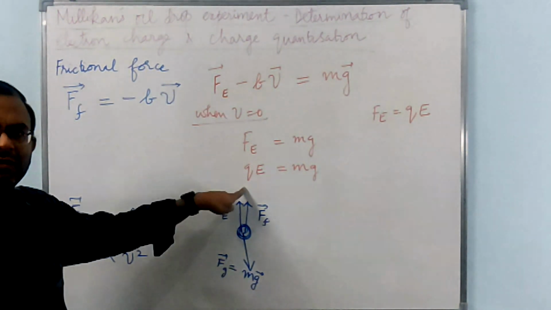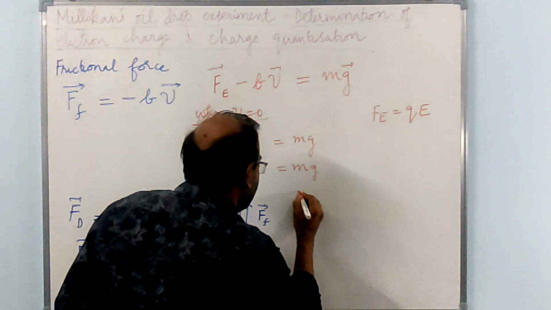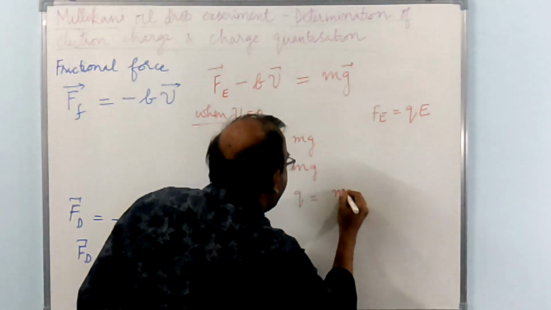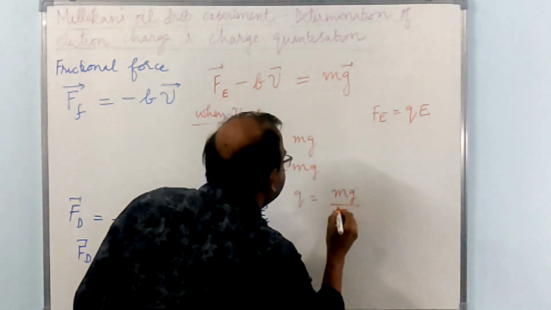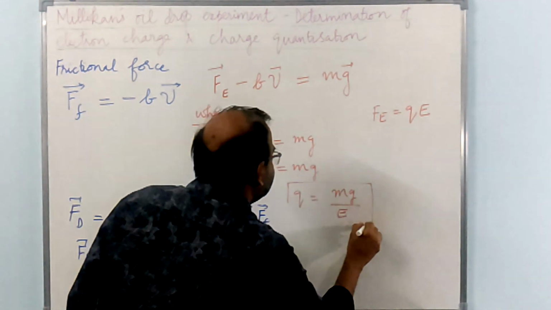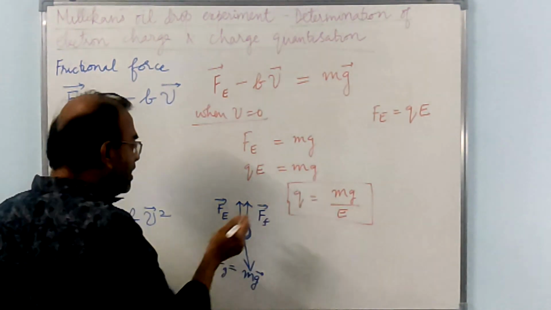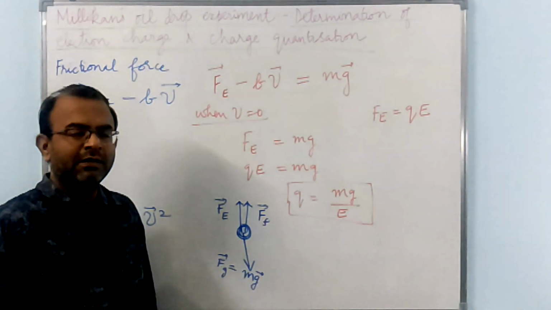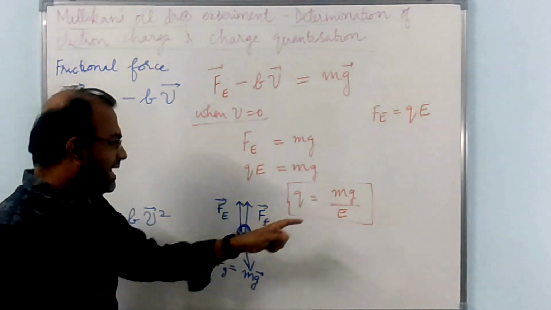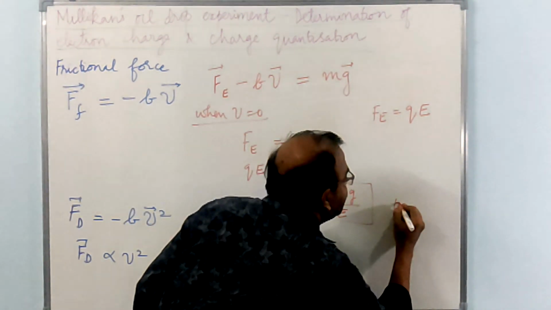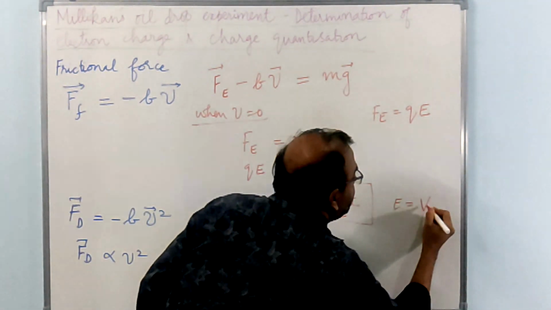Now the charge on the oil drop can be found using q equals mg over E. In this expression, if you know the mass of the oil drop, you would get the charge on it, where the electric field E is equal to V over d.